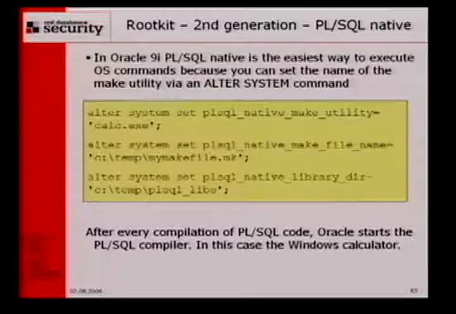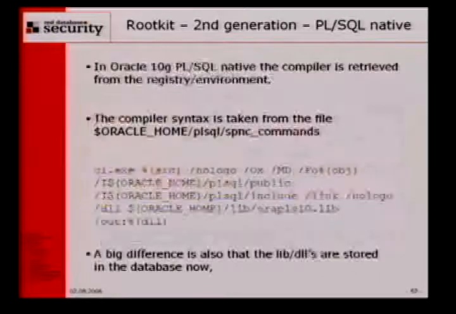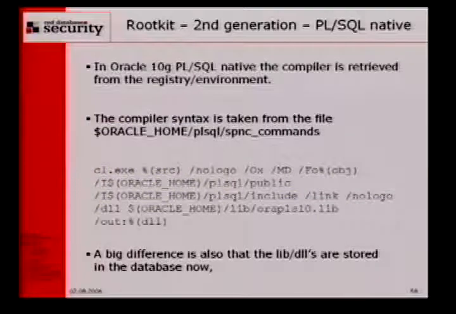And in 10G, this was changed. Now in 10G, Oracle is retrieving the compiler information from the registry or from the environment on Unix. And then the compiler syntax is stored in a text file, spnc_commands.